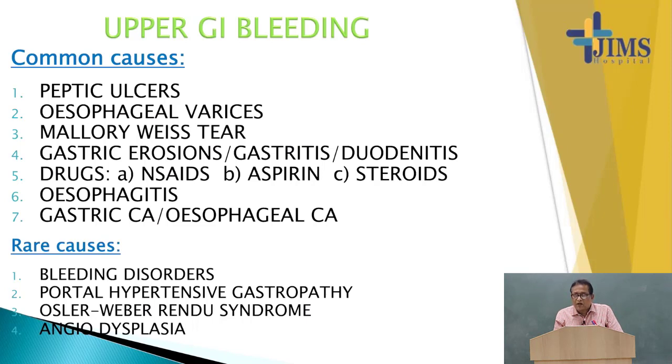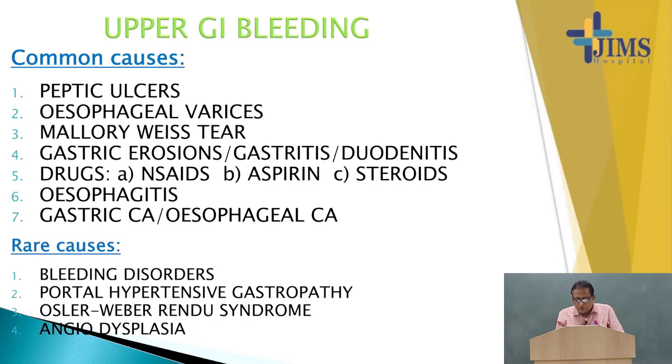So, this bleeding may come from the peptic ulcers, this is very common. Bleeding may come from the varices in the esophagus, that is esophageal varices, or it may be due to a Mallory-Weiss tear. There is profuse vomiting, retching that will give rise to a tear in the lower end of the esophagogastric junction, that we call Mallory-Weiss tear.